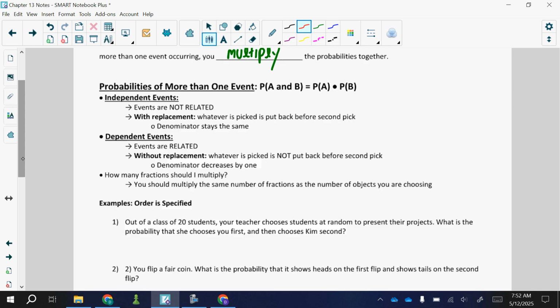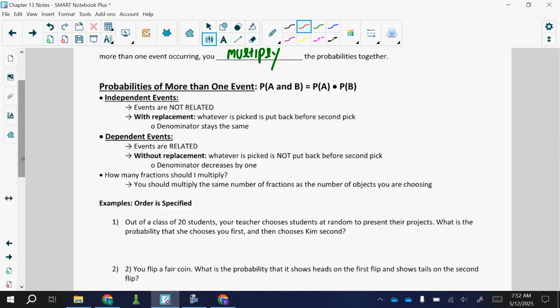Whatever is picked is put back before the second pick, so the denominator stays the same. A classic example of an independent event is flipping a coin. Each time you flip a coin, there are still two outcomes. Just because you get heads or tails on the first flip does not affect what's going to happen on the second flip. The probability would still be the same.